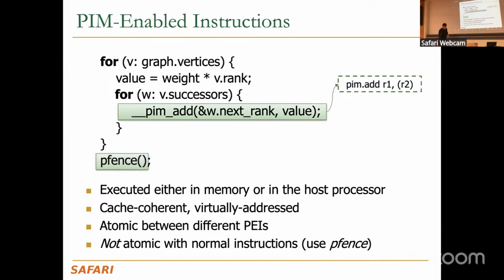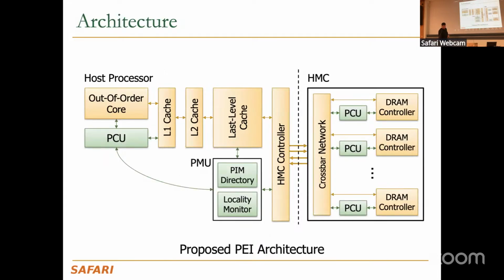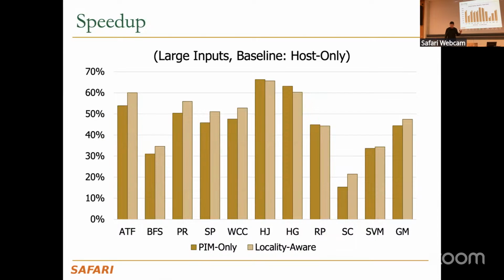And this is the design of the system. You have a 3D stack memory device, and nearby the memory controller, you have some very simple logic to do these atomic updates. And you have that same unit nearby the processor. So we can decide, based on the locality of the application, where the application should be executed. By doing this, we can have very good performance improvement.